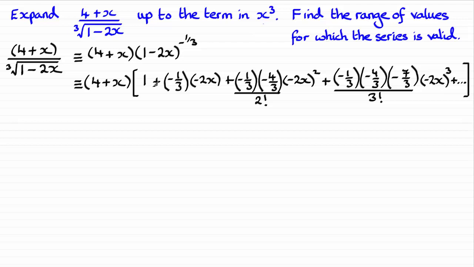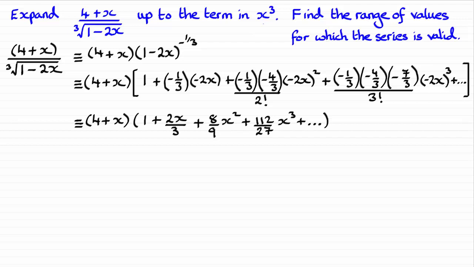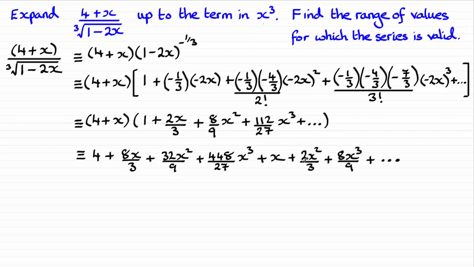Next, just going to simplify all the terms here, and if you do that, you're going to end up with this result. I'm going to next multiply through by the 4, and doing that you should have found that you got this result, and then multiply through with the plus x, so you end up with this statement here.